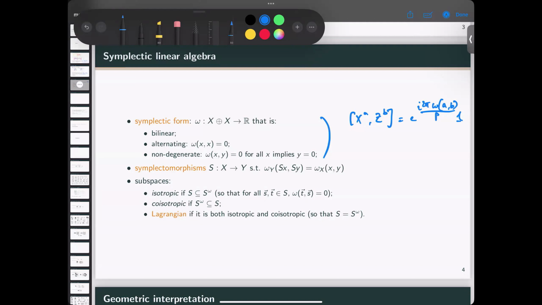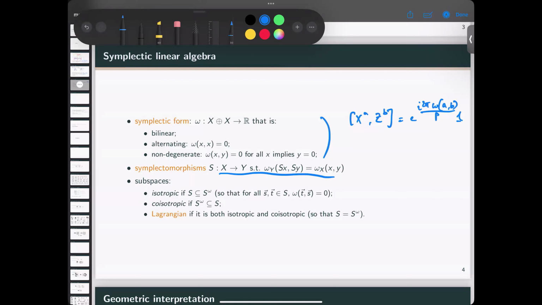So in this case, this looks something like this second line here, where I impose that if S is a linear map, then we call it a symplectomorphism if calculating the symplectic form in the image under S is the same as the symplectic form in the domain.